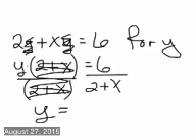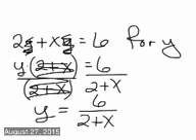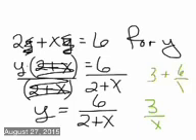And then on the right-hand side, now I have 6 over 2 plus x. Here's what you don't do. You don't tell me that that's 3 over x, or 3 plus 6 over x. That's not right.